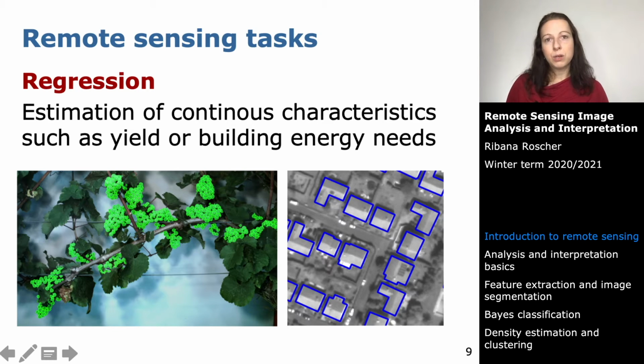When we talk about regression, we talk about an estimation of continuous characteristics such as yield or building energy needs. So the output when you do some regression task is not a discrete number or a discrete class. It's a continuous characteristic you want to estimate.